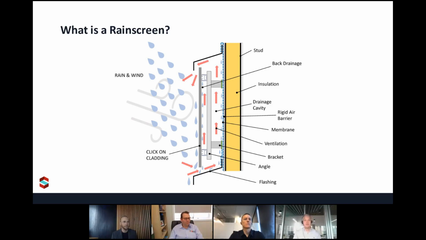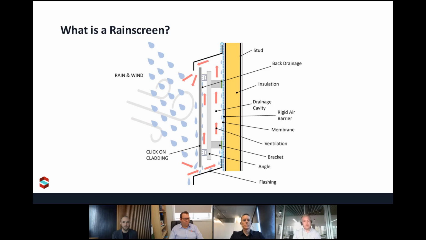And behind that there's a ventilated cavity, and then behind that again you've got your insulation and your waterproof membranes. So if rain is hitting the facade and some is getting through the rain screen skin, the design is such that it will drain out. And what's more, because of the air movement through that cavity behind, if any moisture is trapped in there, it can dry out because of the airflow.